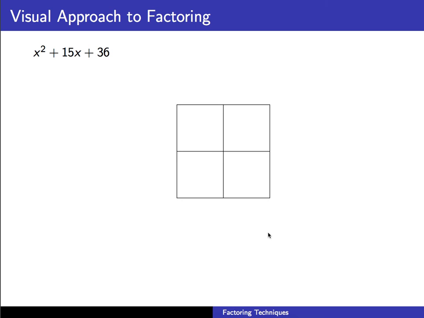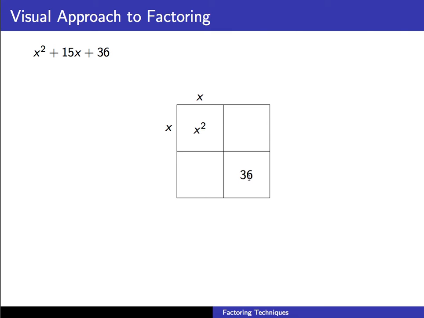From a visual approach, what's happening is if we draw out a square, in the upper left little part of the square we'll put the x squared. We want to find two expressions that multiply to make x squared, which are x times x. And then our number without an x, the constant, this 36, we'll put in the bottom right.